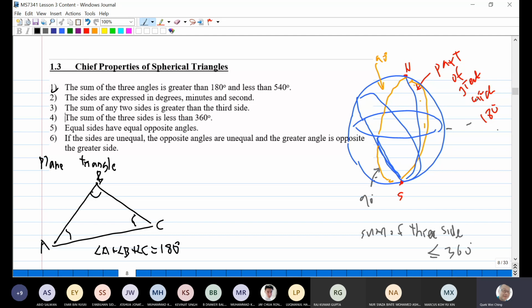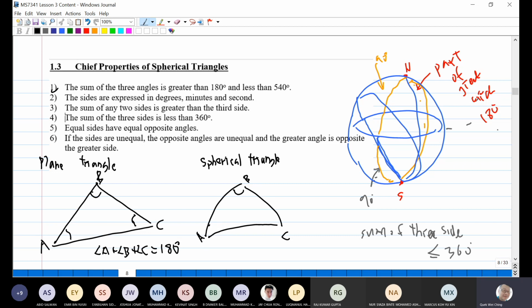For a spherical triangle, this is not so. Spherical triangle, three sides again, A, B, C. The three sides are arcs now.